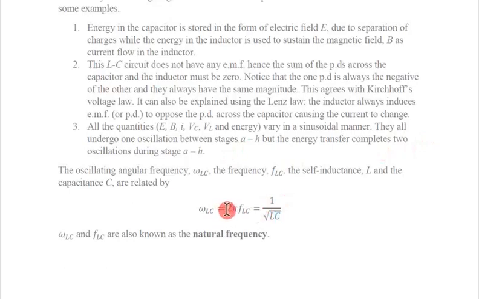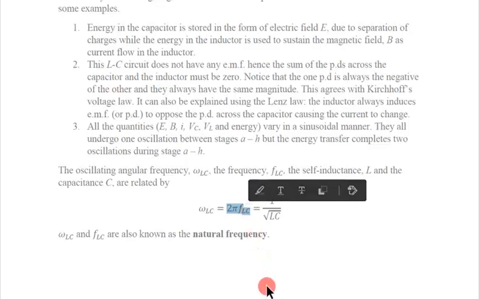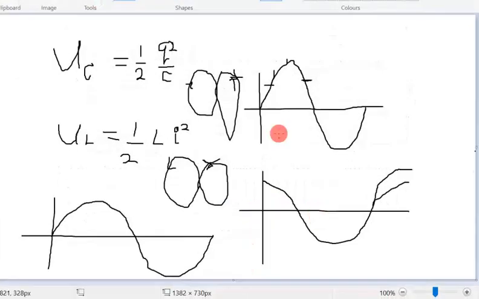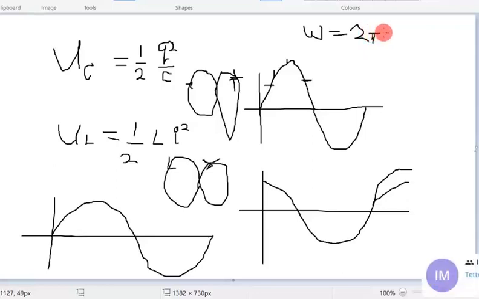We can express this also in terms of the actual frequency in hertz. You should be familiar with the angular frequency being equal to 2 pi times the frequency.